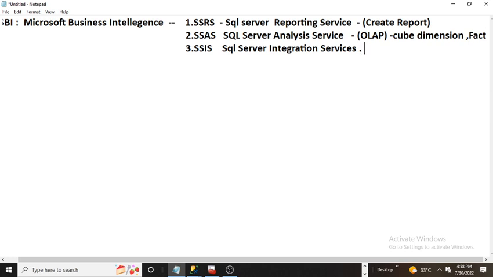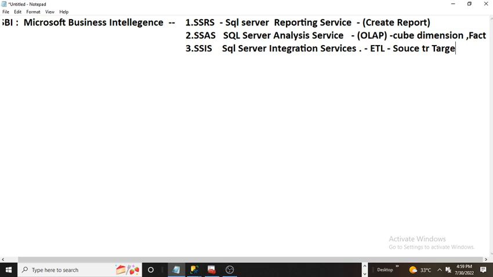These are things we need to understand. And when we go for SSIS, then we need to learn about ETL. In ETL, we need to have a source, then transforming data, then target, right? Because when we work in a big company, we have data from multiple sources. Like we have data in SQL Server, in the Oracle database, in Postgres, or in MySQL or Excel.